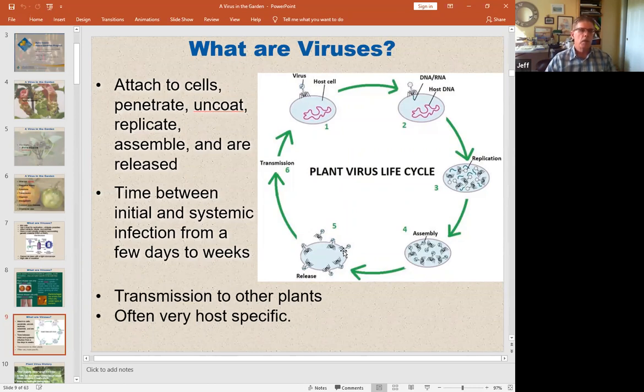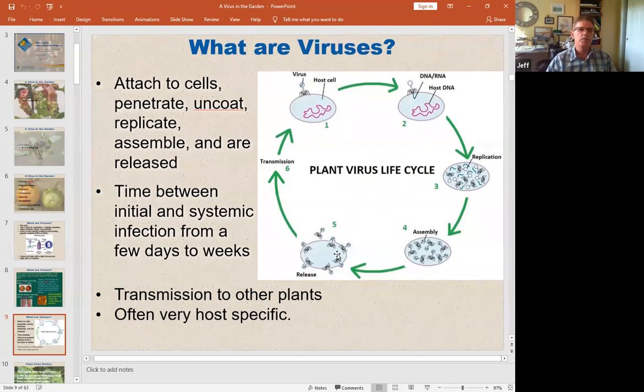It takes from a few days to weeks for the initial infection to become systemic. In other words, it goes throughout the plant, unlike perhaps some other pathogens. And then it's transmitted to other plants, and that closes the life cycle.